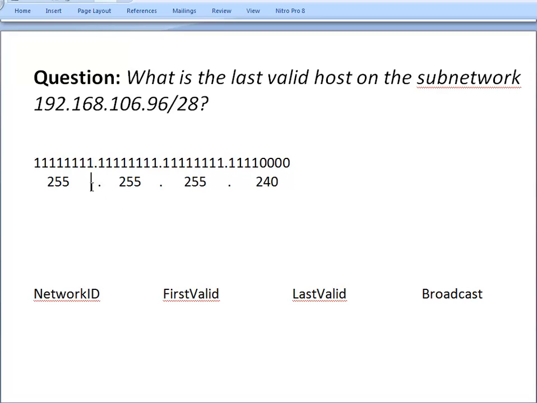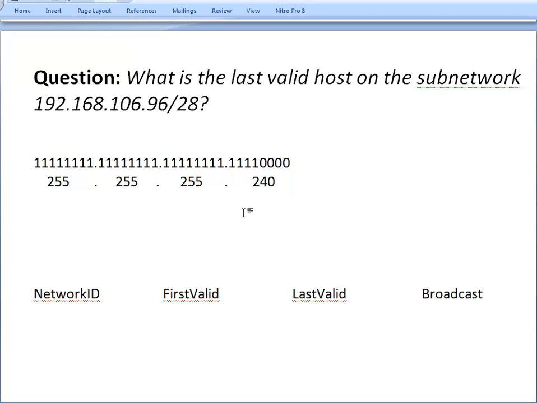When this kind of question comes up, you need to find out what is the interesting octet and what is a boring octet. Boring octets are anything that is 0 or 255. Our interesting octet is 240. So the fourth octet is interesting for us.